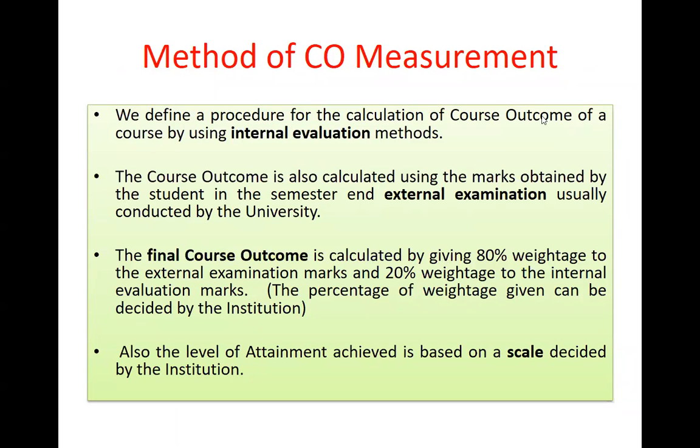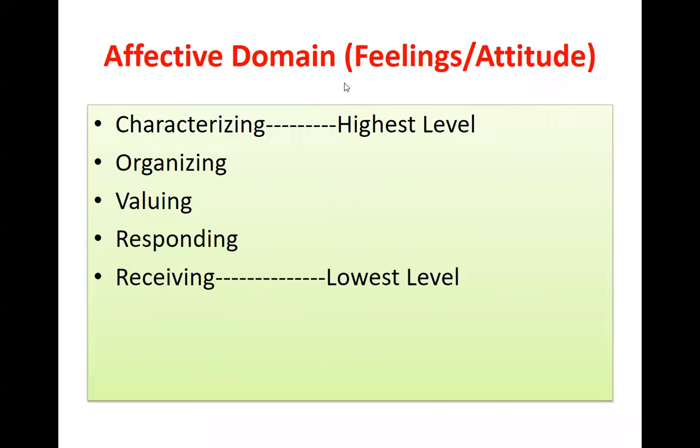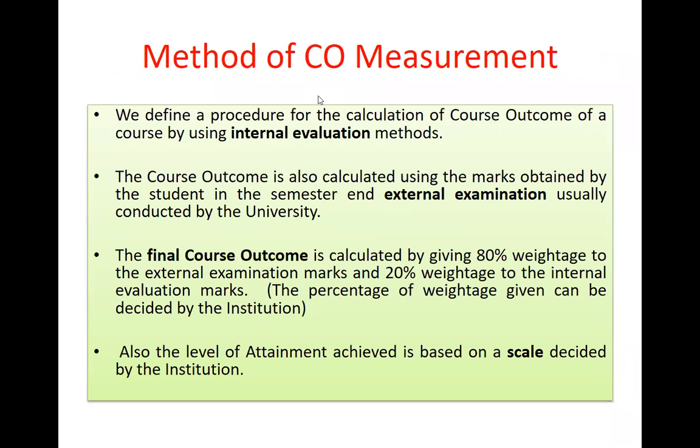Okay, so far we have seen what a course outcome is and how to write a course outcome using Bloom's taxonomy. And in this session, we can also see a commonly used method for measuring the course outcomes.